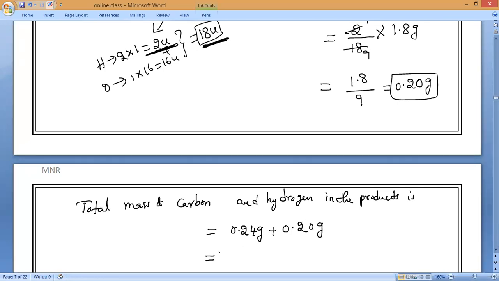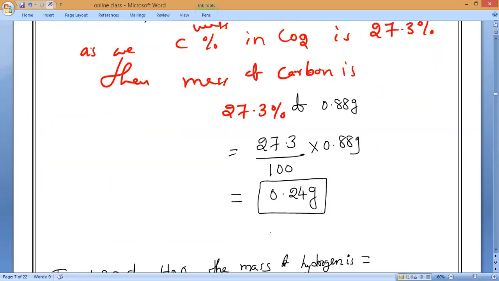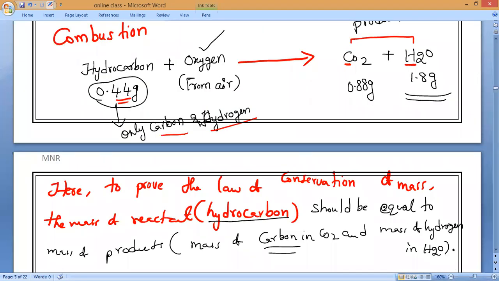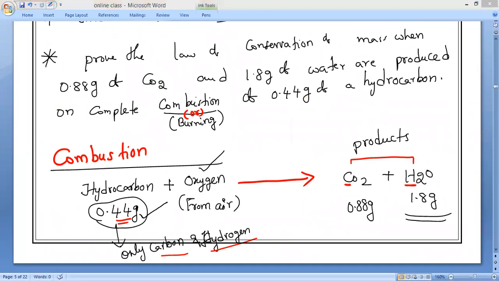If you add both, how much will you get, guys? 0.44 grams, which equals the hydrocarbon mass. What is the hydrocarbon mass they have given in the reaction? 0.44 grams. So that is our answer.